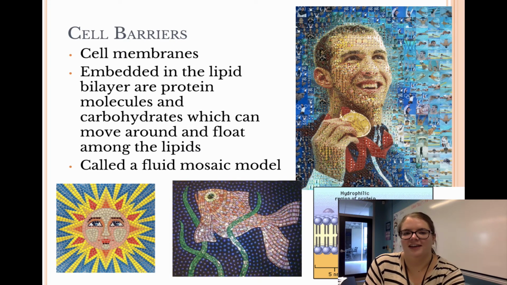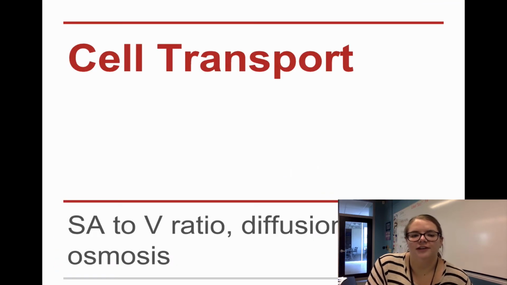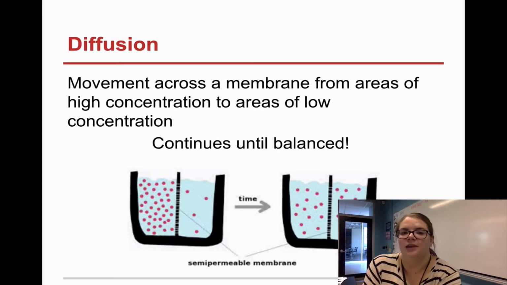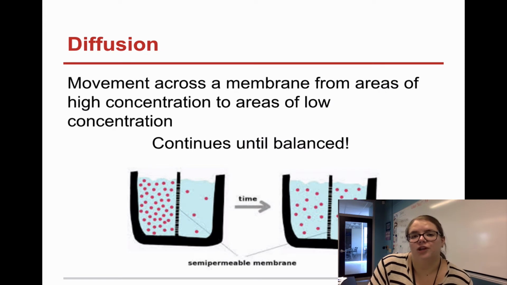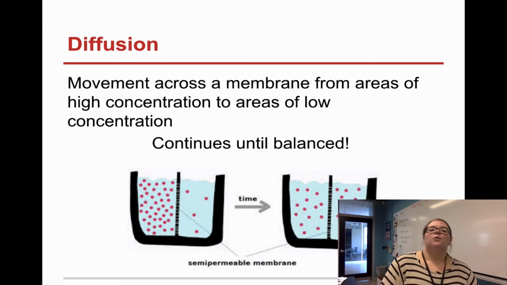Good. All right, now that we've reviewed, let's talk more about cell transport, so how things move through the cell membrane. And we're going to start with diffusion. Diffusion happens when you have two sides of your membrane and one side has a lot of stuff in it and the other side doesn't. Diffusion is when that stuff in the water, or whatever liquid we're looking at, will move from areas of high concentration to low.